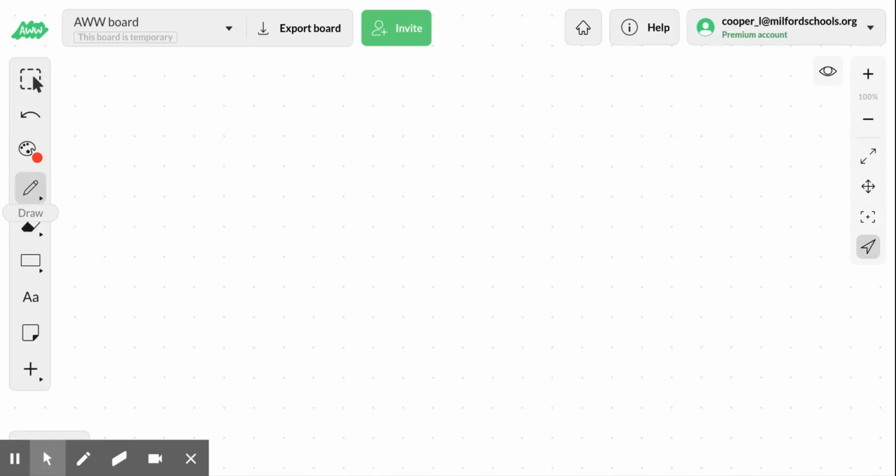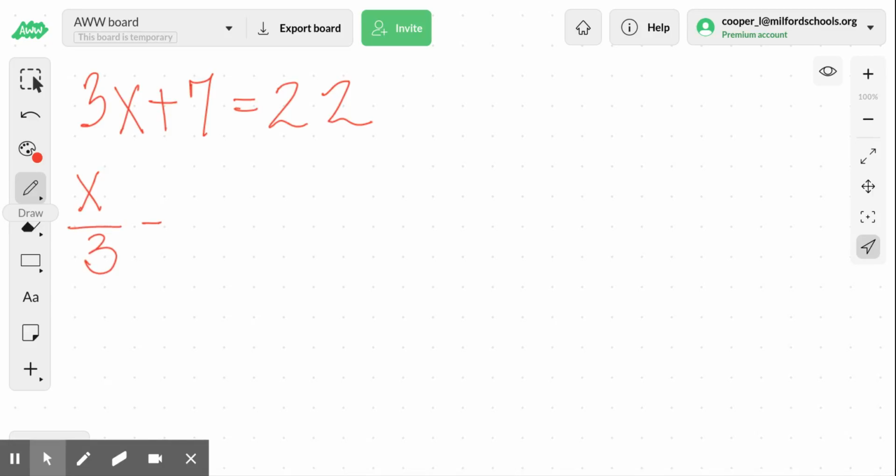So here they are. We have 3x plus 7 equals 22. You are going to do x over 3 minus 6 equals 42. This one, we're going to put a negative here. So negative 2x minus 6 equals 18.